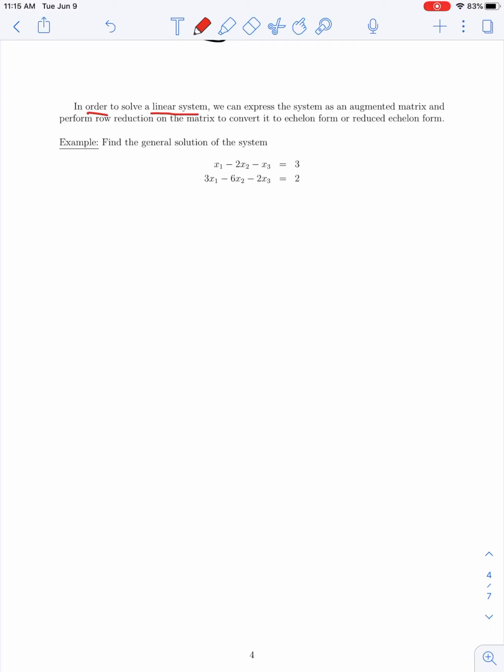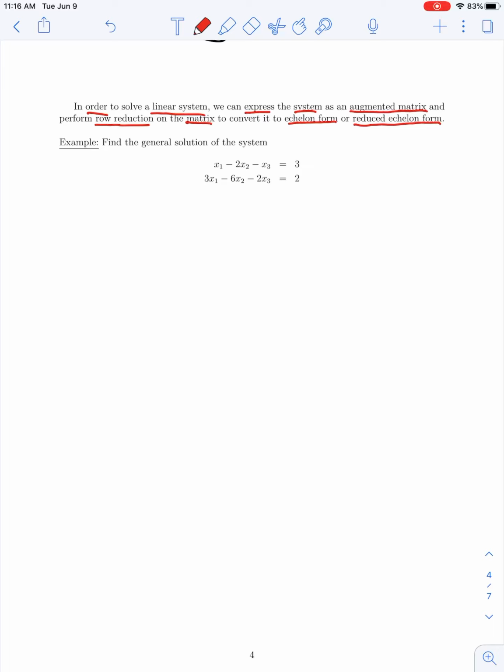In general, to solve a linear system, we want to express that system in terms of an augmented matrix. We saw how to do that in section 1.1. Then we want to perform row reduction on that augmented matrix to convert it to echelon form, or more ideally, reduced echelon form. Once we have our matrix in reduced echelon form, we can obtain our solution pretty easily.